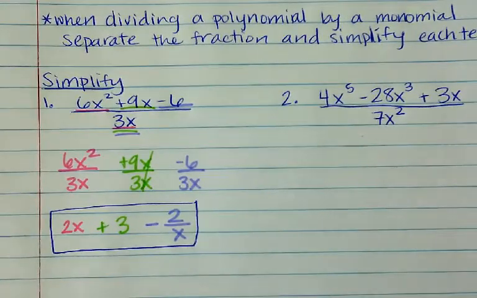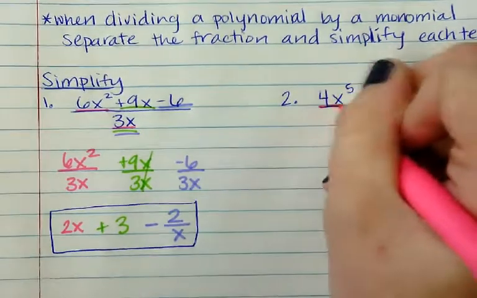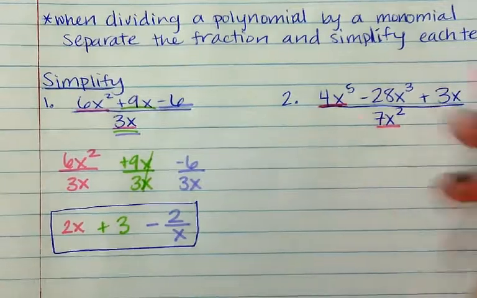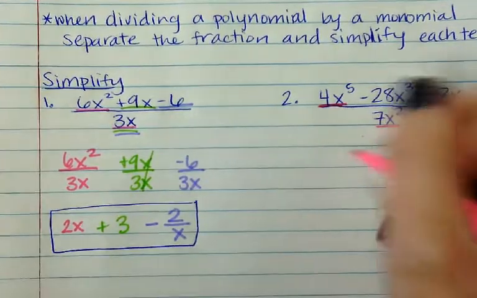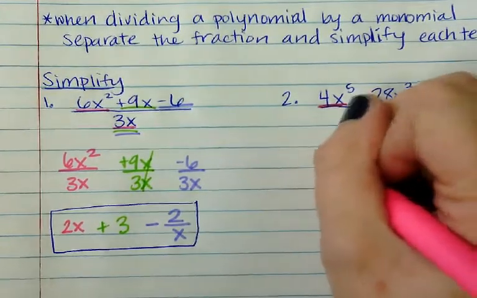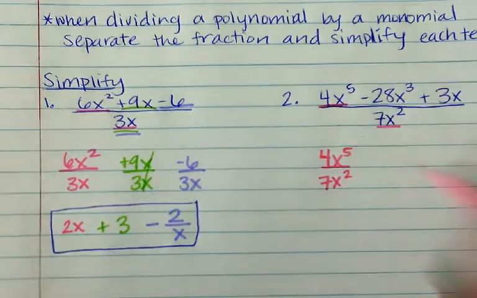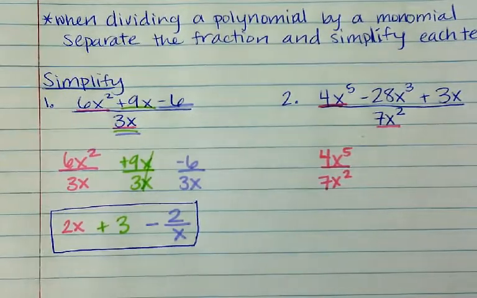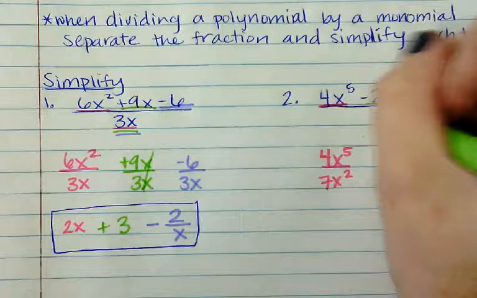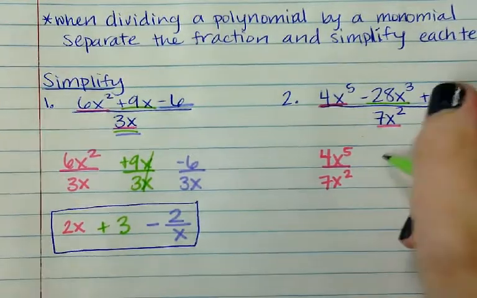So we are once again going to take our first term and we're going to separate out all our terms. So we have 4x to the 5th over 7x squared. Cool. And then our middle terms, negative 28x cubed.